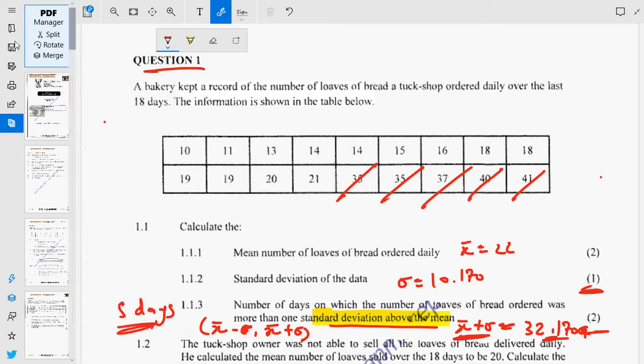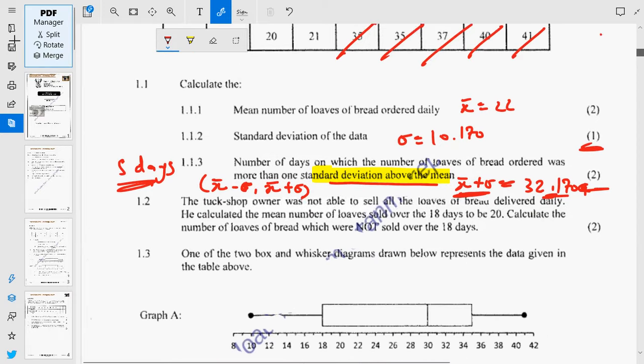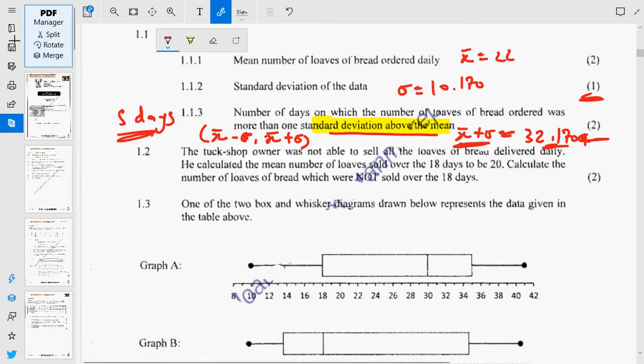Okay. So let's move on to the second part of the question. The tuck shop owner was not able to sell all the loaves of bread delivered daily. He calculated the mean number of loaves sold over the 18 days to be 20.